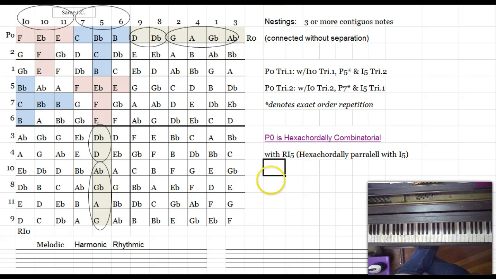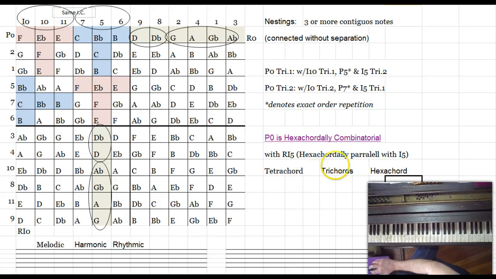So we should be seeking, as we said before, tetrachords. There's some unique things you can do with tetrachords. Trichords, chord just being note, so review of the previous material, and hexachord. Okay, so those groupings of 4 tetra, 3 tri, and 6 hex.